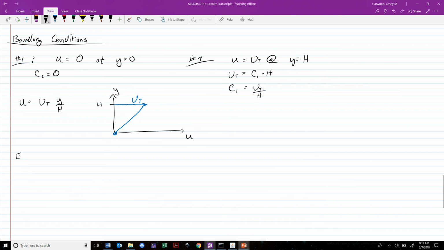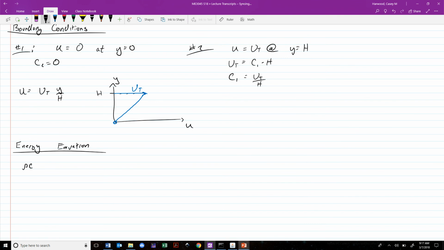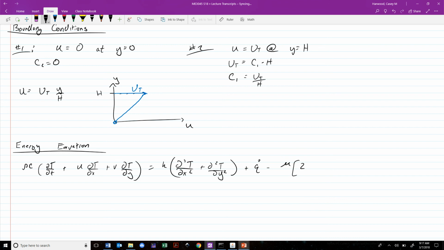So from the energy equation, we've got rho c, partial T partial t plus u dT/dx plus v dT/dy equal to k times d squared T dx squared plus d squared T dy squared, sorry, that should be T, plus q dot minus mu times 2 (du/dx) squared plus 2 (dv/dy) squared plus (du/dy plus dv/dx) squared.